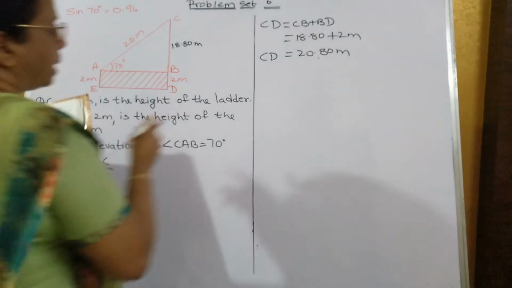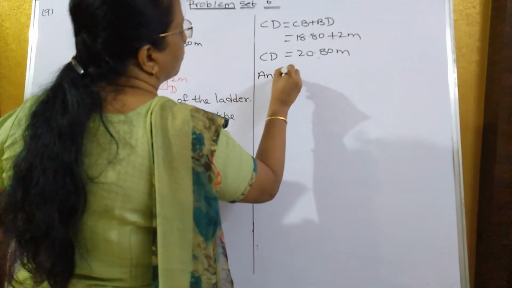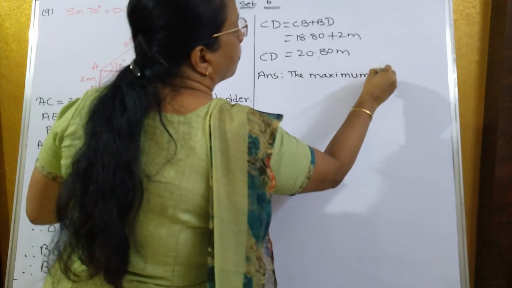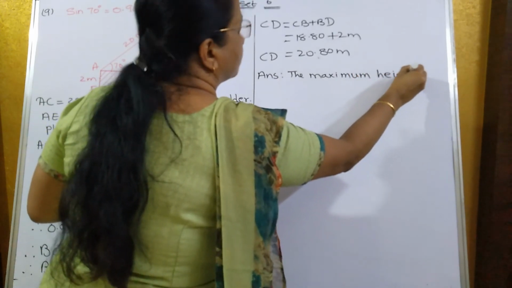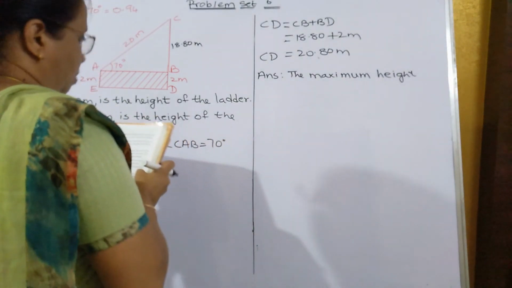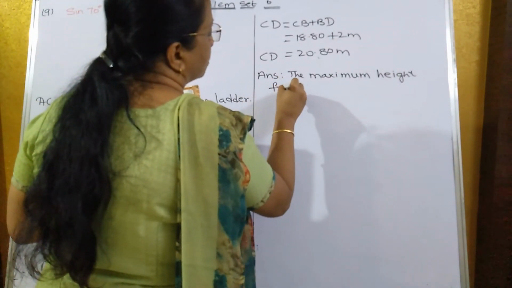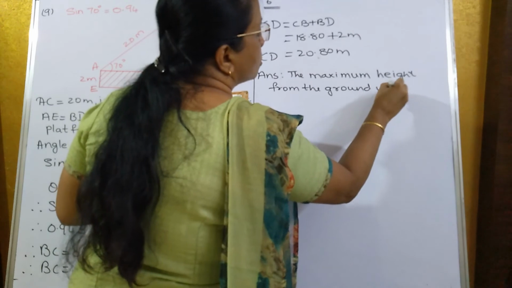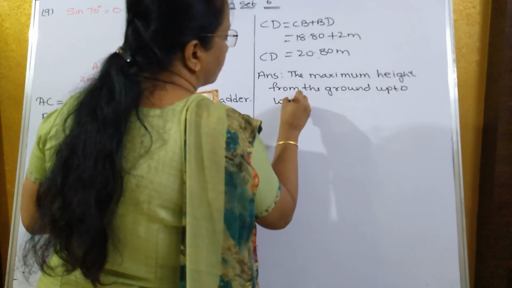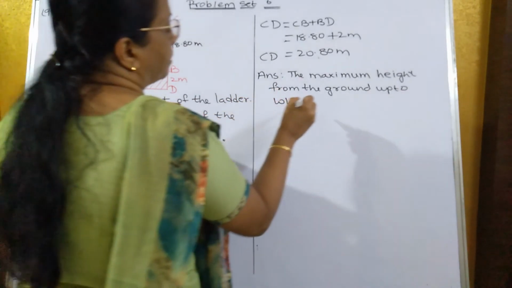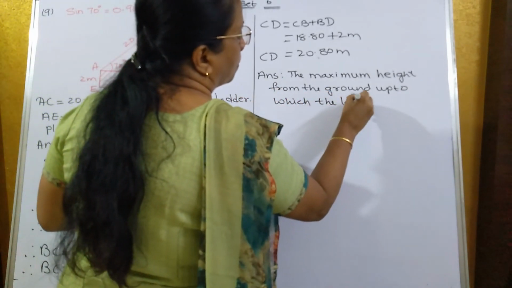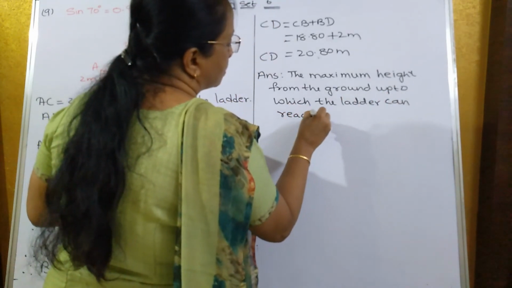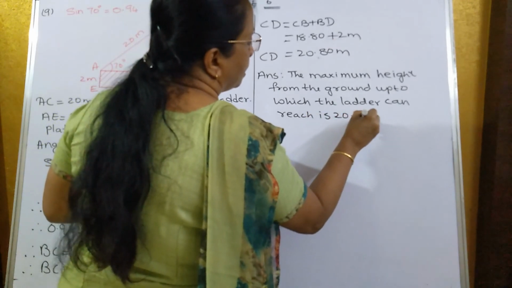The maximum height from the ground up to which the ladder can reach is 20.80 meter.